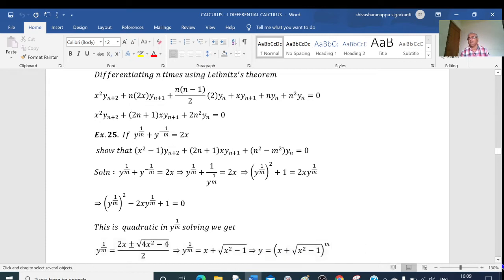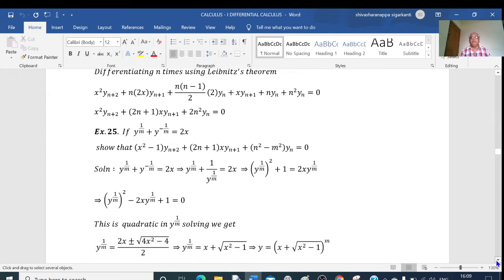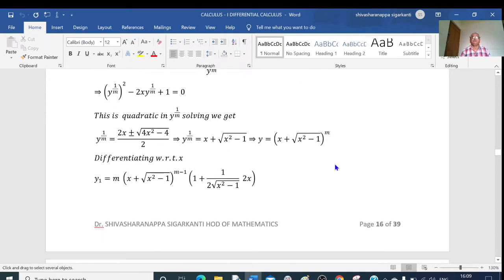This is my y. Now differentiating this y with respect to x, I am getting y1 equal to m into x plus root of x square minus 1 to the power of m minus 1, into the differentiation of this bracketed quantity.